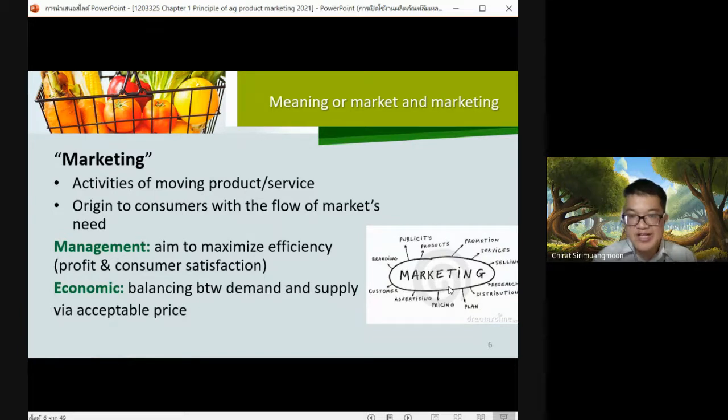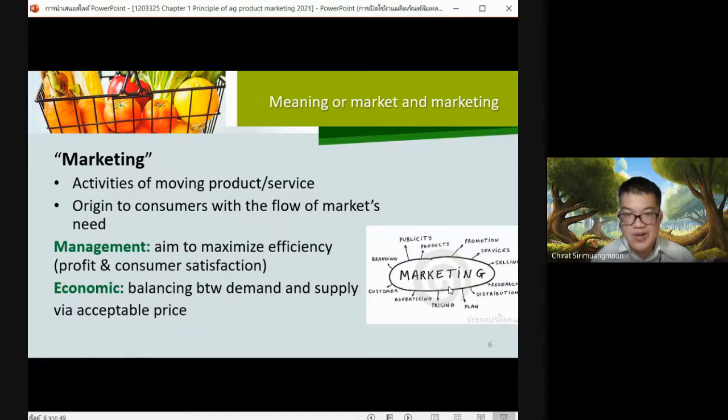So how about marketing? Marketing is actually the activity of moving a product or service from one place to another place, from origins to consumers, following market needs. Actually, marketing starts from the demands of the consumers.